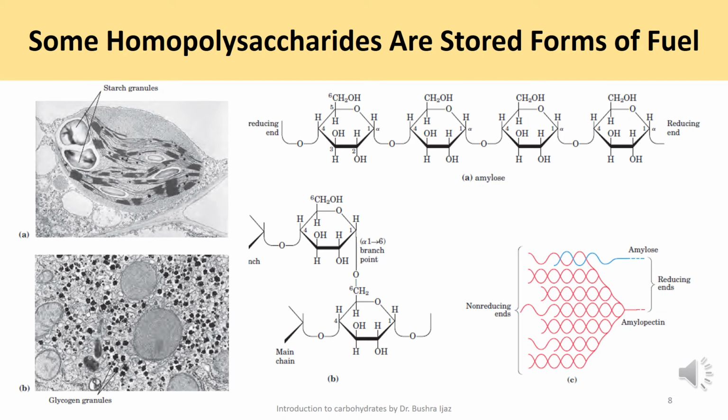The glycosidic linkage joining successive glucose residues in the amylopectin chain is an alpha 1,4 linkage. The branch points occur every 24 to 30 residues, and they are alpha 1,6 linkages.